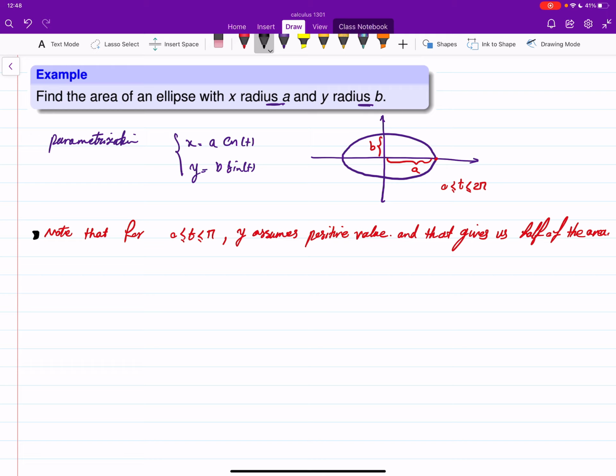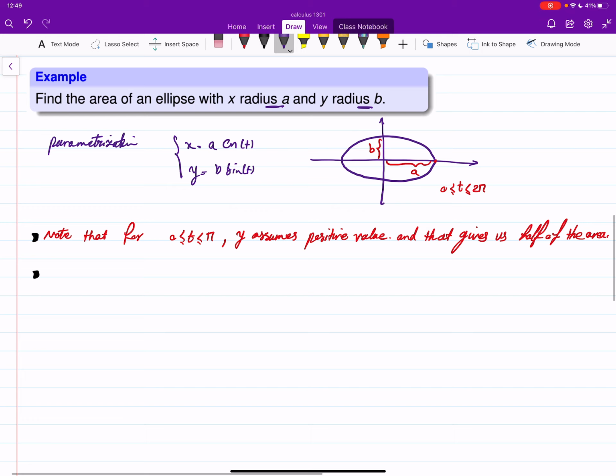The second thing is that you have to determine what is the lower limit in the t integral and what is the upper limit in the t integral. You may say, okay, I'm going to put alpha equal to 0 and beta equal to pi.